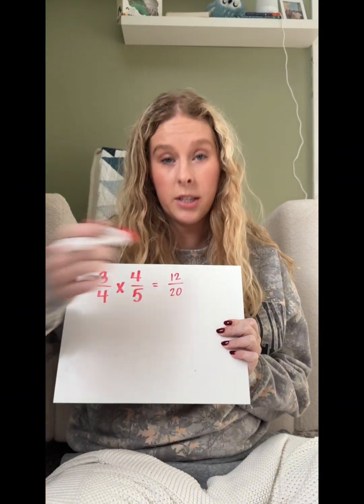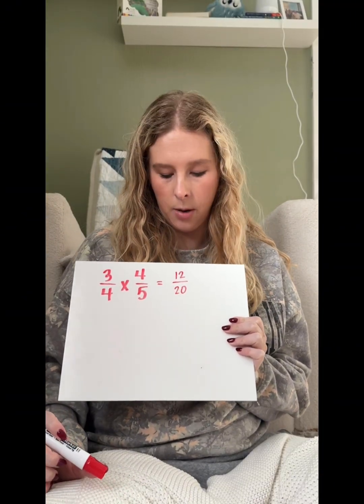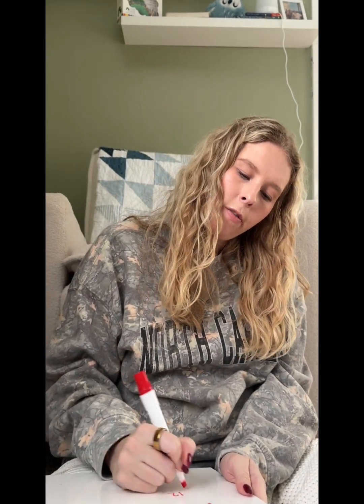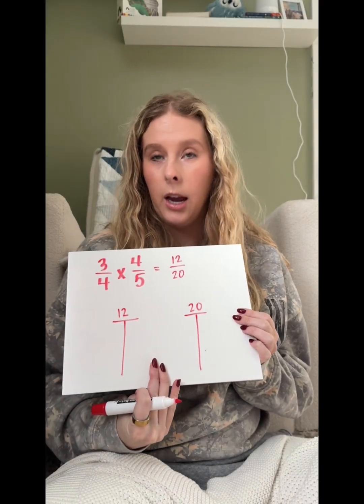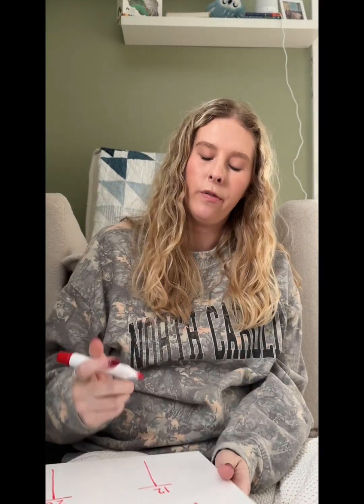Well, to simplify, we need to find the greatest common factor of 12 and 20. So we're going to write 12, T-chart, 20, T-chart. So just like this. And now we're going to find the factors of 12.